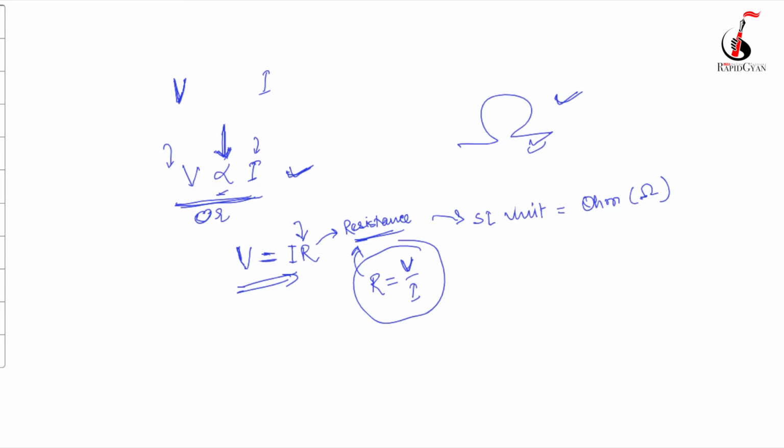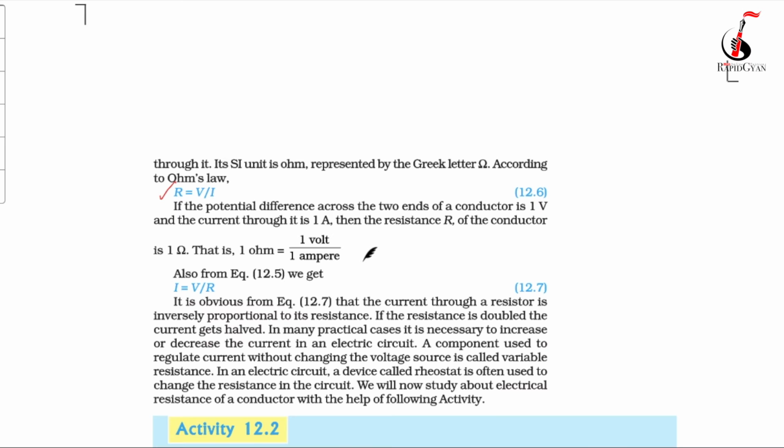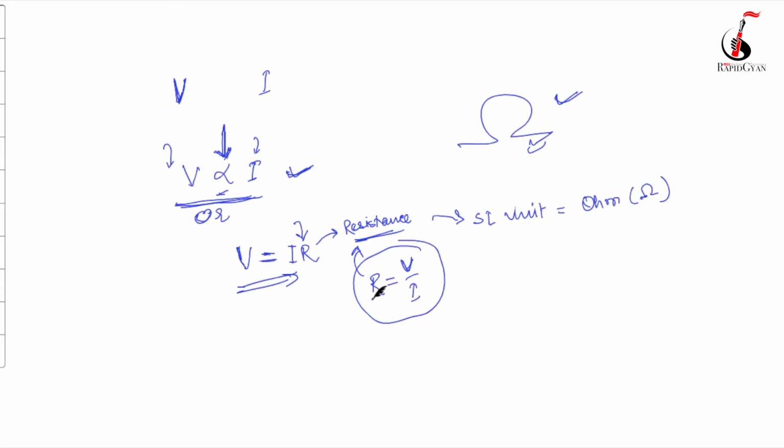So how are you going to define resistance? Here is a definition, but please write this definition in a notebook, it's very important: if the potential difference across two ends of the conductor is 1 volt and the current through the conductor is 1 ampere, then the resistance of the conductor is called 1 ohm. I will explain it over here, beta. The resistance will become 1 only when on the right hand side both numerator and denominator become 1.